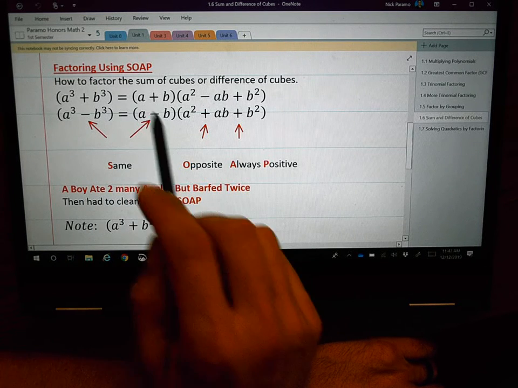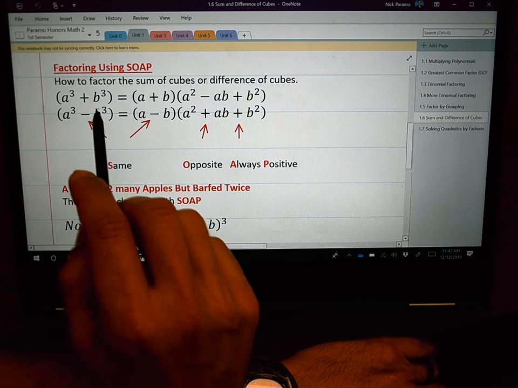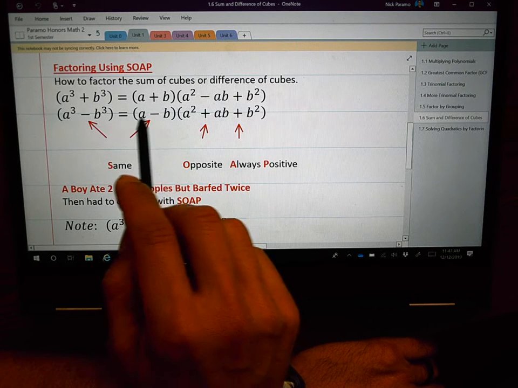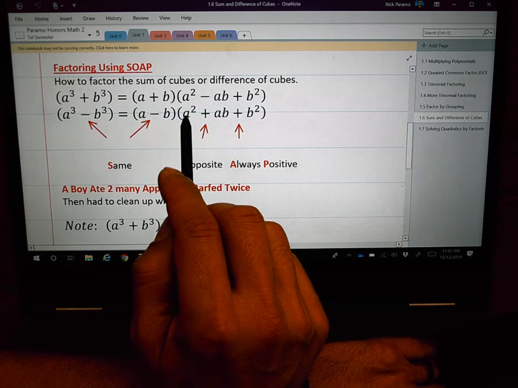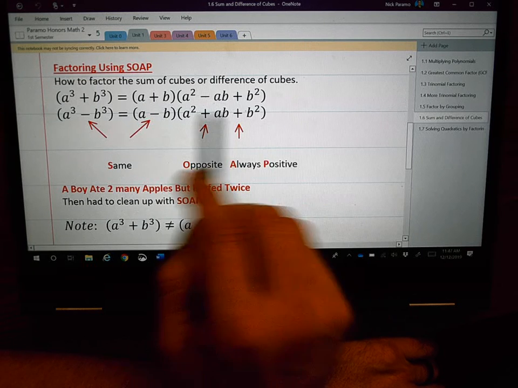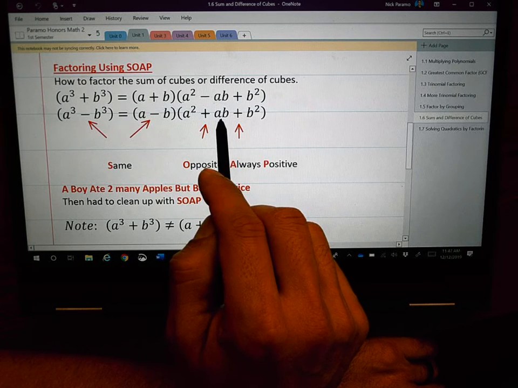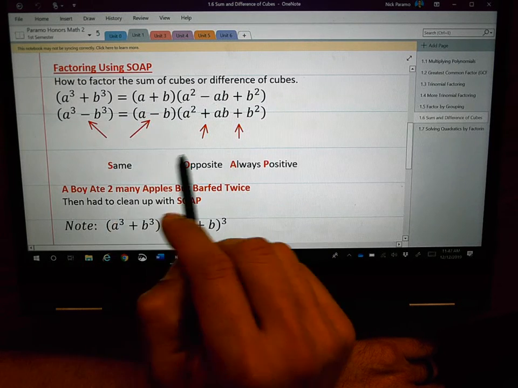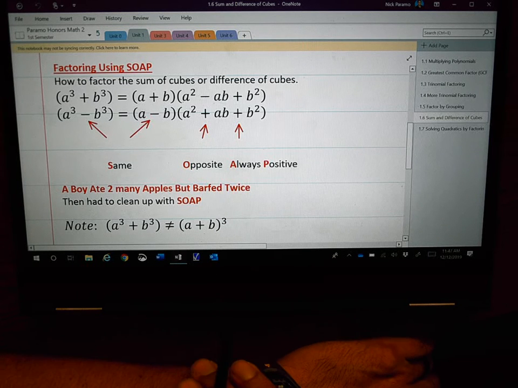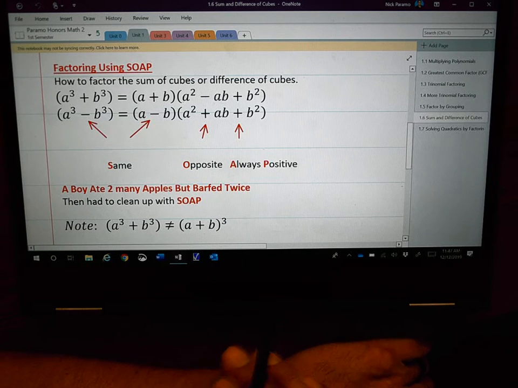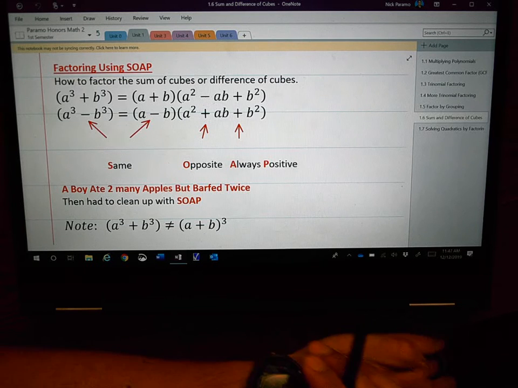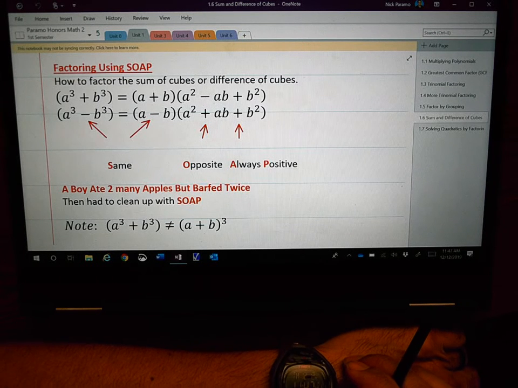The pattern was taking the cube root and the cube root, squaring it at the front of the parentheses, squaring the back one at the back, multiplying these two things for the middle, and then putting same, opposite, always positive. Those were the 5 different types of factoring that you had to know back in Unit 1.